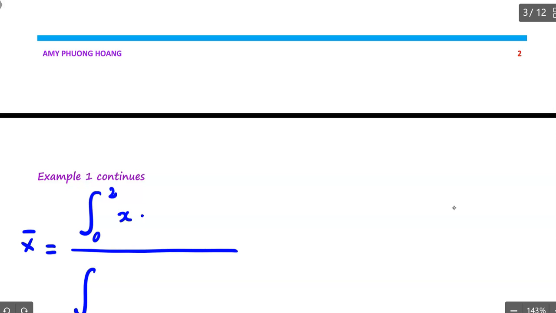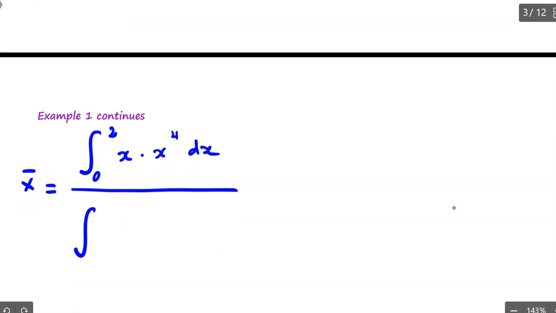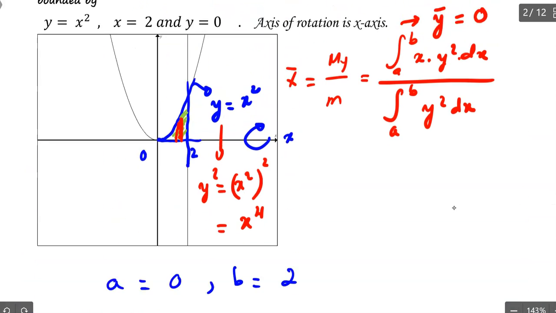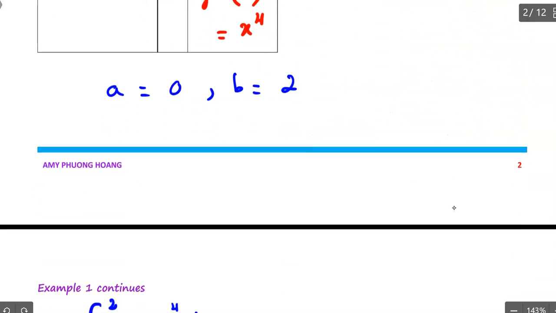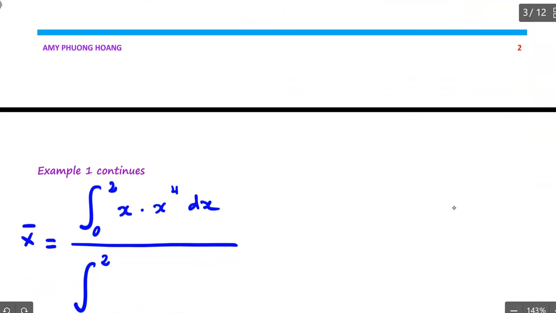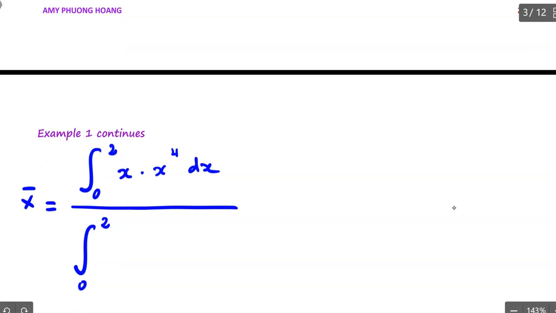x times y squared, so x times x to the exponent 4 dx, and this is from 0 to 2 as well, and then y squared, right? So these are the formulas that we are going to use. Okay, x times y squared, x times x to the exponent 4. Right here, I just have x to the exponent 4 dx.